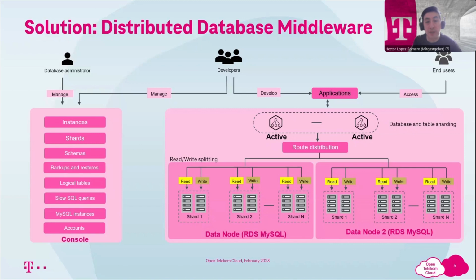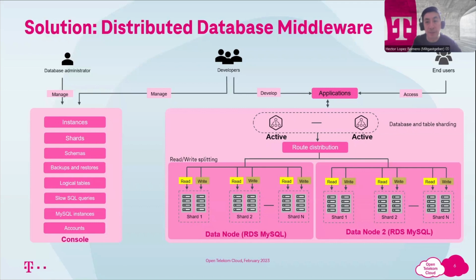Shards are the RDS instances. How many shards, I mean, how many partitions do you want to use on each RDS? You can also create backups, logical tables, execute SQL queries, and associate rules on the MySQL instance, like which shard should receive which traffic and so on.